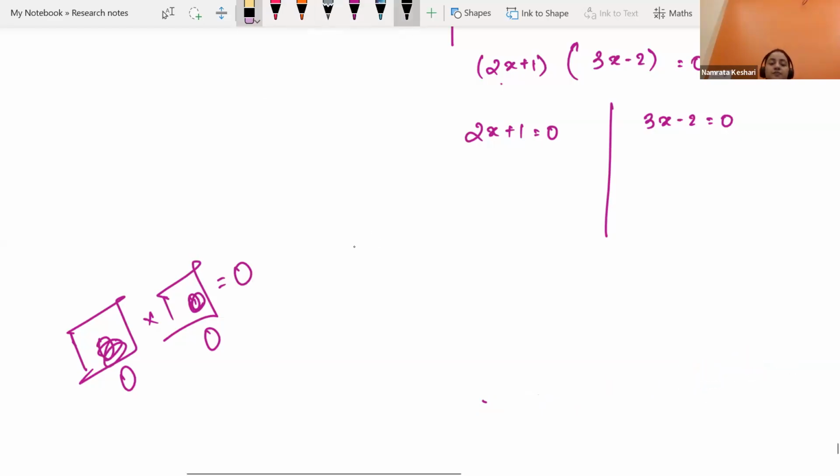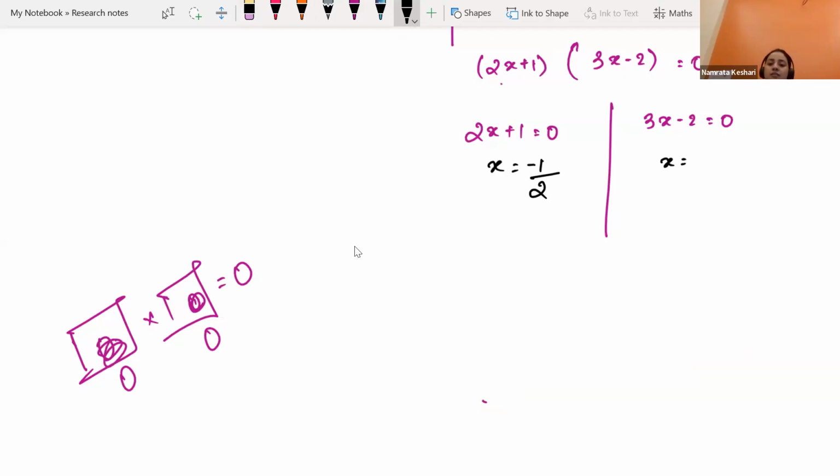So what are the x values? From the first, 2x plus 1 is 0, then x will be, Zoha? Then we're shifting it, right? So it'll be minus 1 by 2. Perfect.